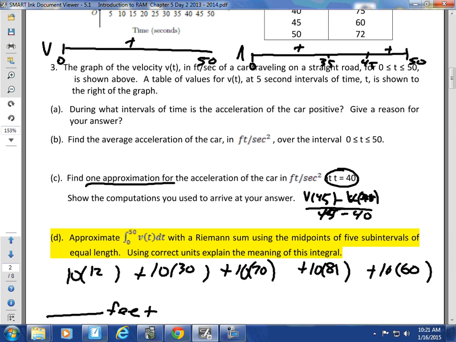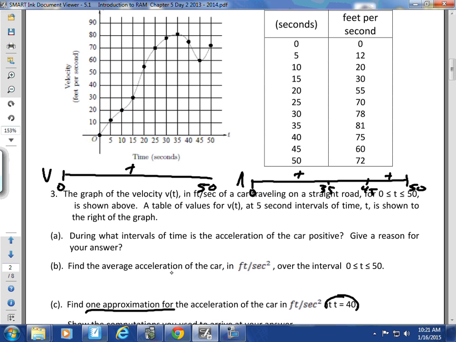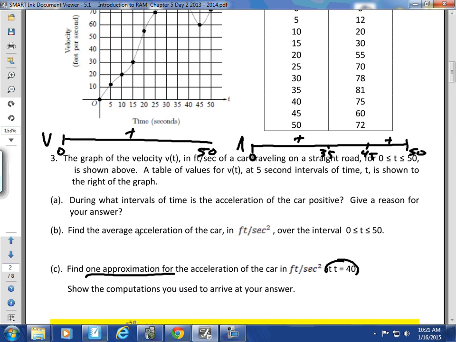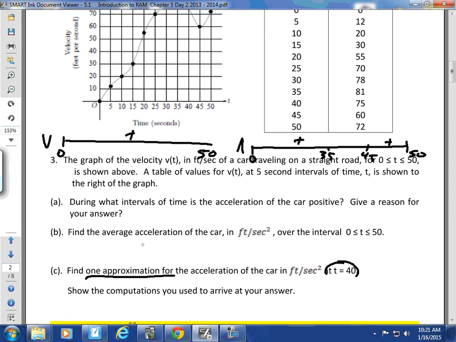And actually, I'm pretty sure if I looked up the correct answer here, there would be three different correct answers. Let me get rid of that. I'm pretty sure if I looked up the correct answer to this, here's what they would say. You could use the secant line connecting 35 and 45.